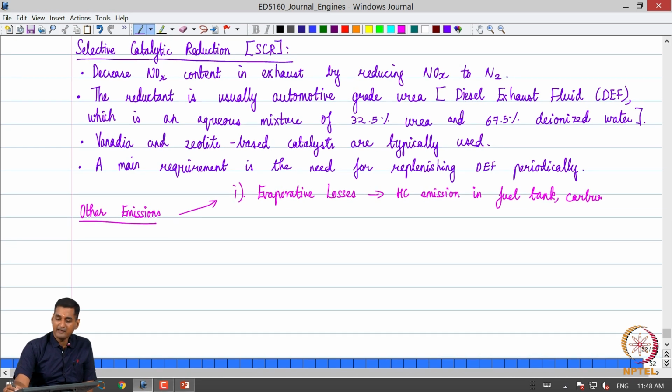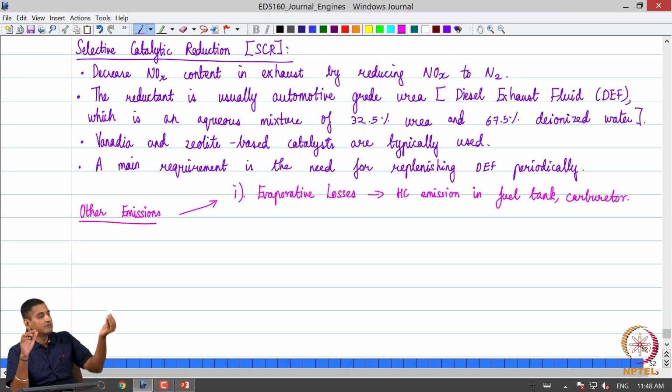present. What happens in a fuel tank is that as the temperature of the fuel tank increases, fuel vaporizes. If the fuel tank is vented to the atmosphere, as the vapor pressure increases in the fuel tank, the mixture of vaporized fuel and air escapes through the vent due to increasing temperature and the corresponding increase in pressure.